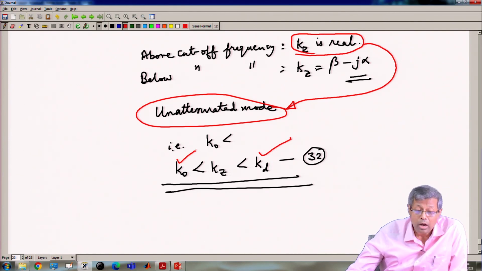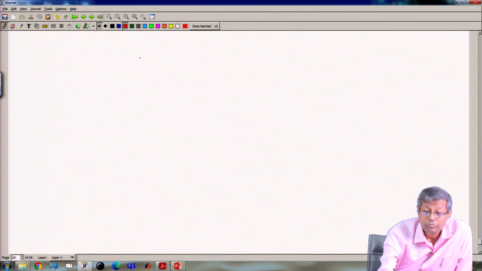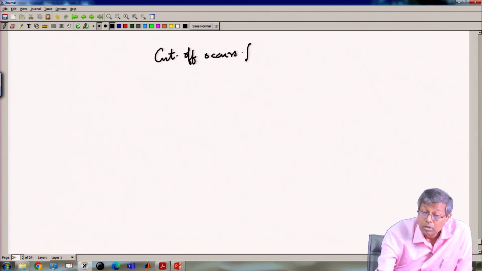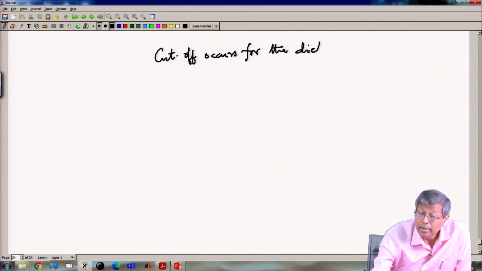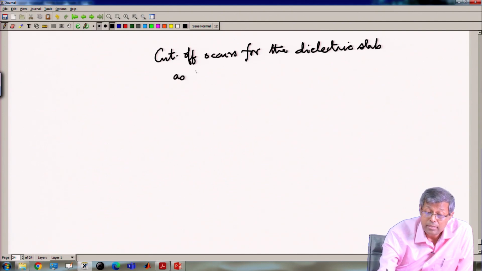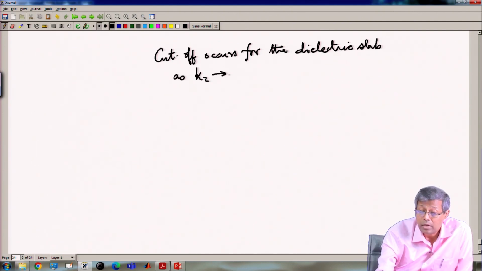So, cutoff occurs for the dielectric slab as kz tends to k0.